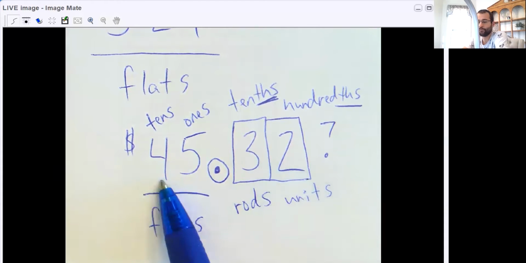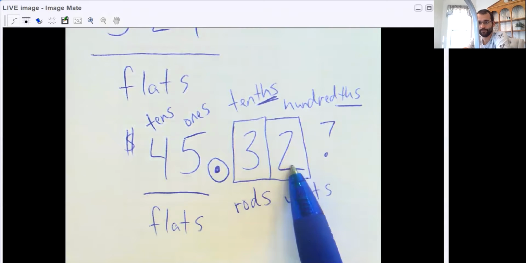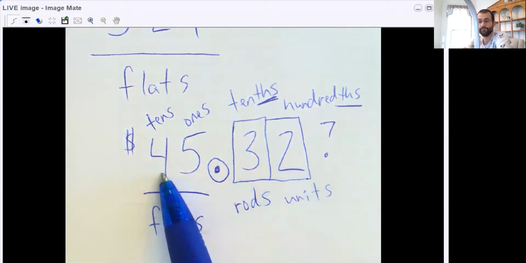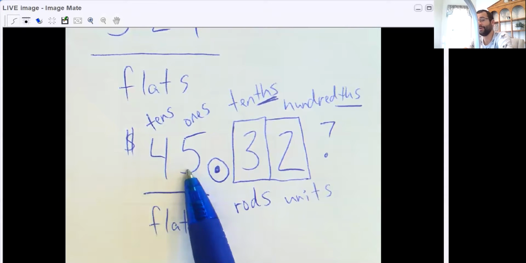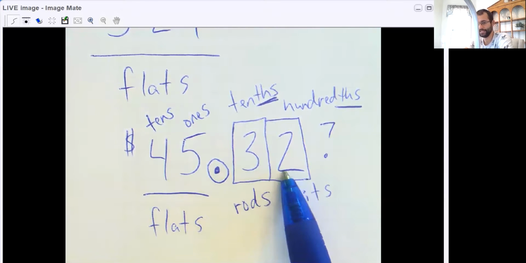If I were to have $45.32, you would get back 4 tens, right? 10, 20, 30, 40. You would get back 5 ones, 1, 2, 3, 4, 5. You would get 3 dimes and 2 pennies.